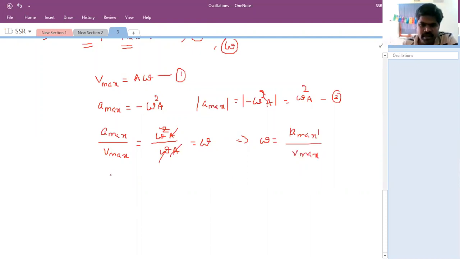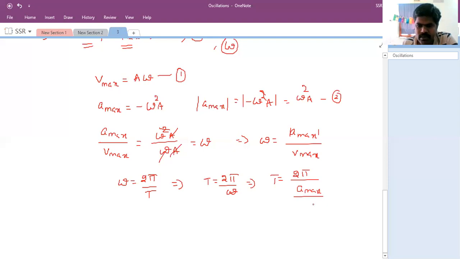From this you can calculate the time period. We know already the relation omega is equal to 2 pi by T. From this you can write T equal to 2 pi by omega. Yes or no? Then T is equal to 2 pi by modulus of Amax by Vmax. Are you clear on this?